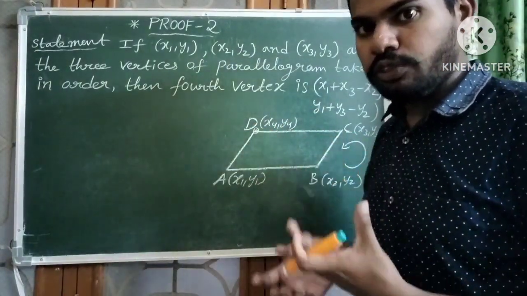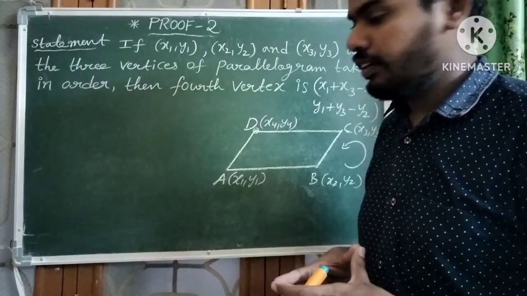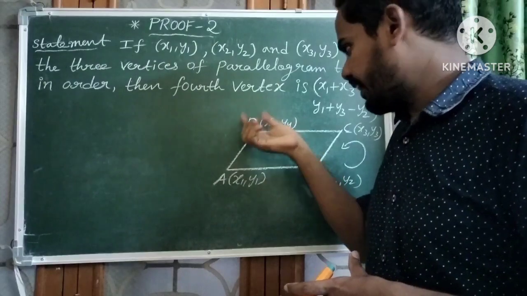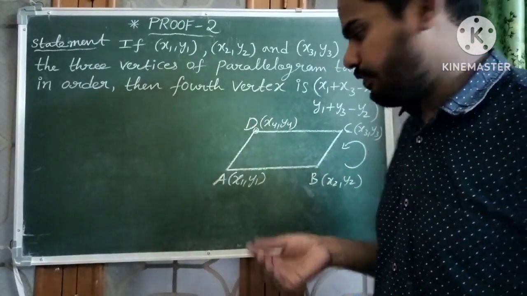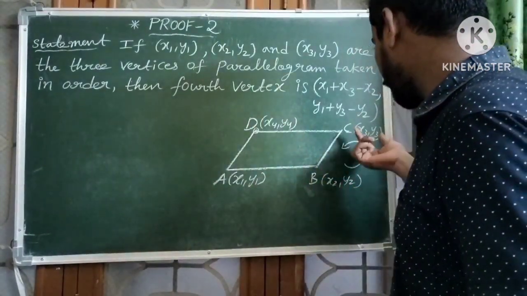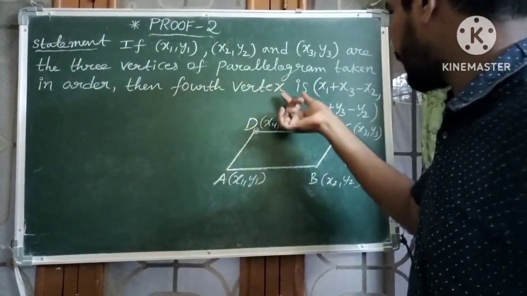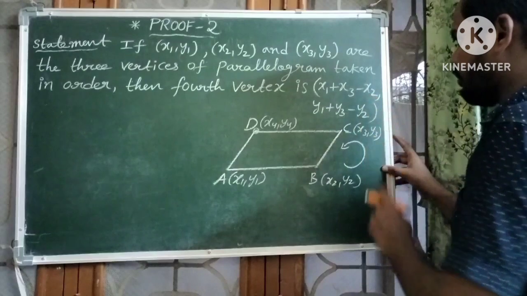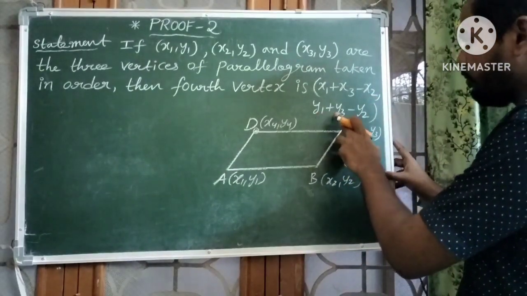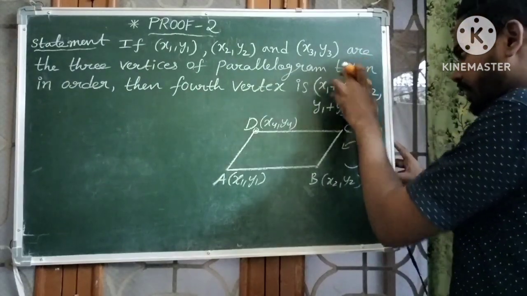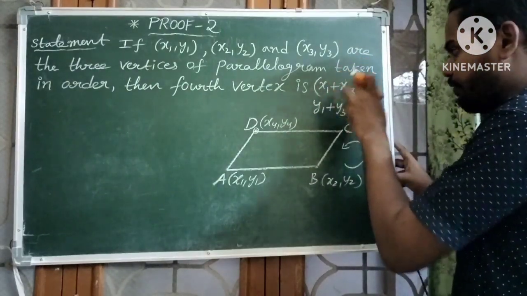Now we need to find a formula for the coordinates of vertex D in terms of x1 y1, x2 y2, x3 y3. So the formula is: fourth vertex is x1 plus x3 minus x2 comma y1 plus y3 minus y2. This is the x coordinate of the fourth vertex and this is the y coordinate of the fourth vertex.